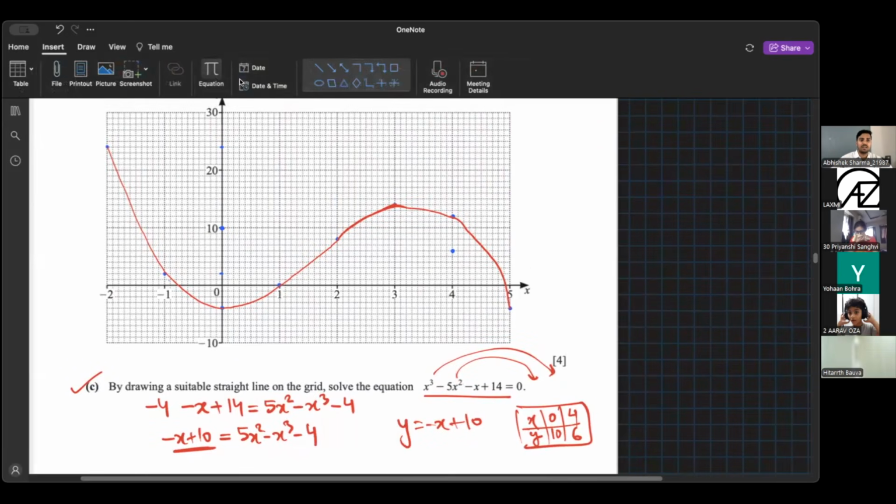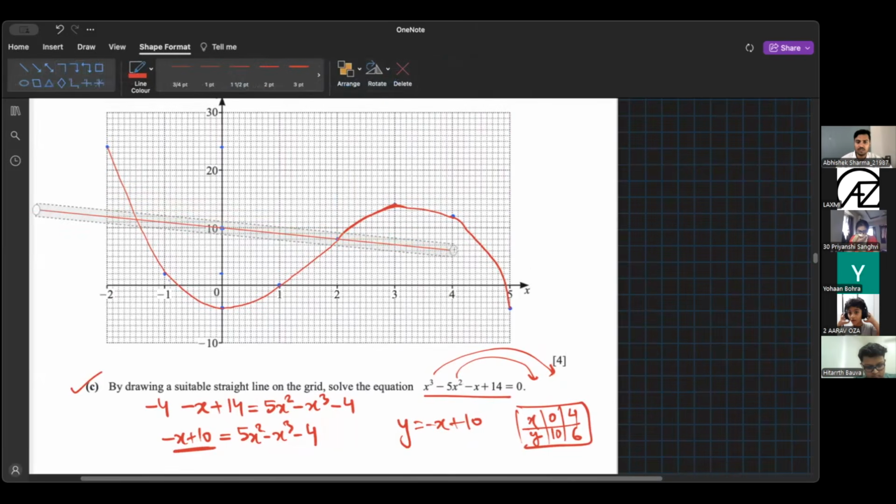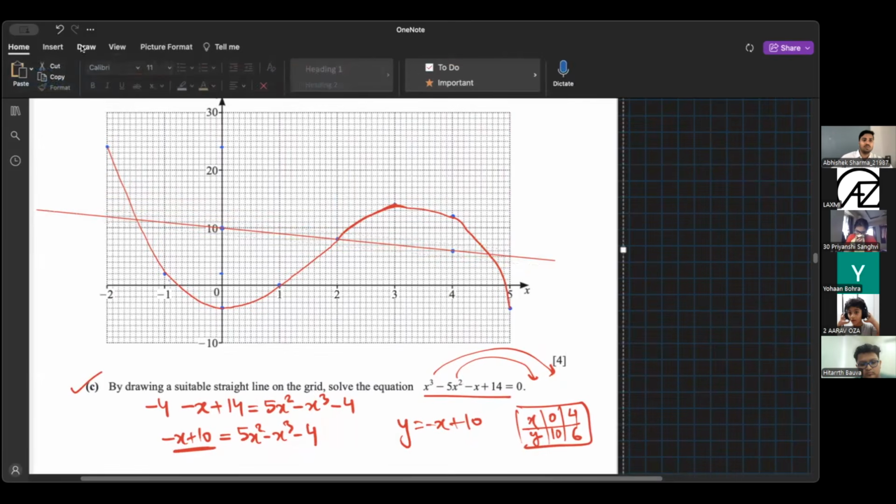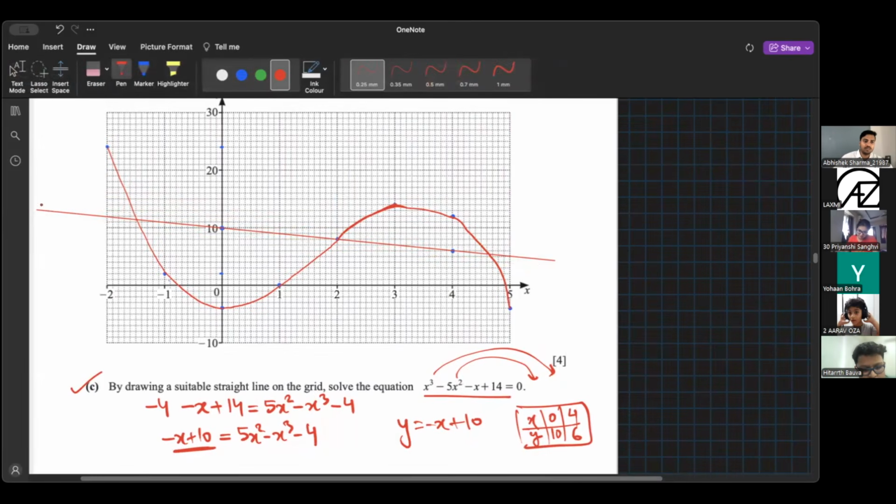Now let's sketch the line, join the points and extend it from both sides. Make sure you always mark the arrows and you always write down the equation of the line also.